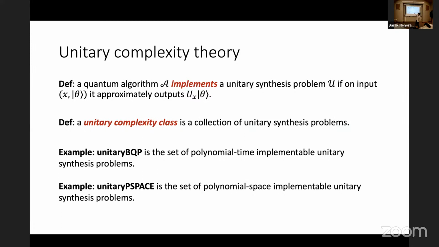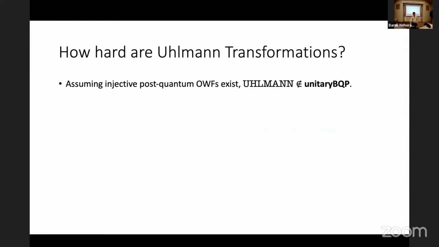Analogously, unitary PSPACE is the set of all unitary synthesis problems that you can implement using a polynomial space quantum algorithm. Now we have some language to start reasoning about this Uhlmann transformation problem. Just to repeat the reasoning we had before, assuming the existence of injective post-quantum one-way functions, this Uhlmann problem is not in unitary BQP.